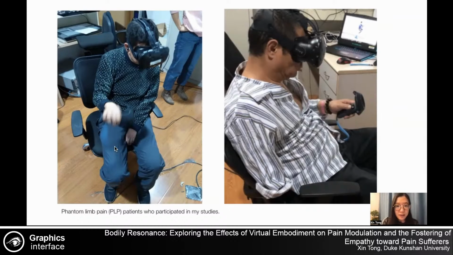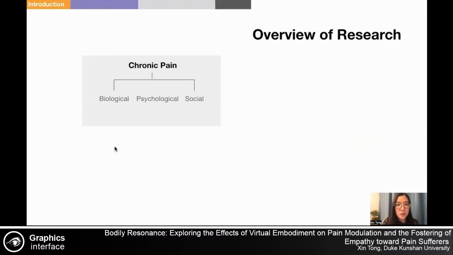We can see that chronic pain affects every aspect of a patient's life, and the biopsychosocial model comprehensively depicted that. To address the 3 aspects of challenges chronic pain patients face, I took a holistic approach and included 2 research trajectories that tackle the pain management problem and social stigma problem.